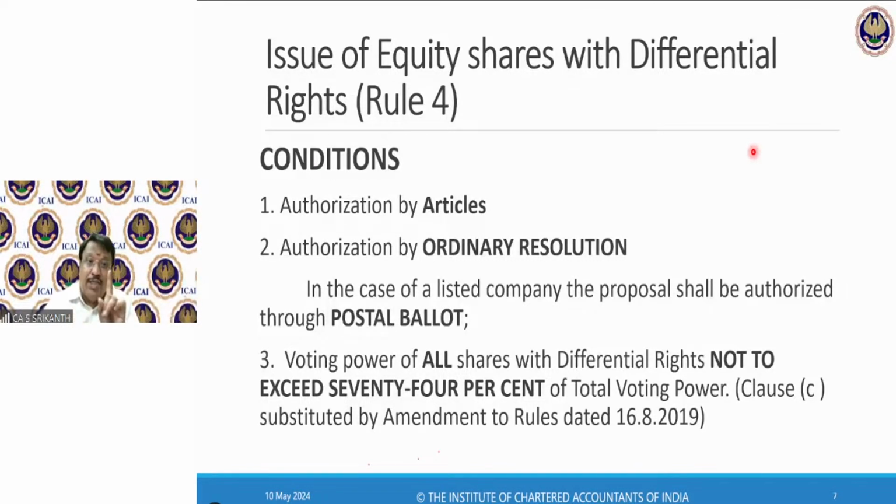On a poll, 1 share, 1 vote. Therefore, 10 lakh shares, 10 lakh votes. That is called total voting power: the total number of votes which will be cast on a poll if all the votes are cast, whether for or against. So, in this example, there are 10 lakh shares, then 10 lakh votes, right?